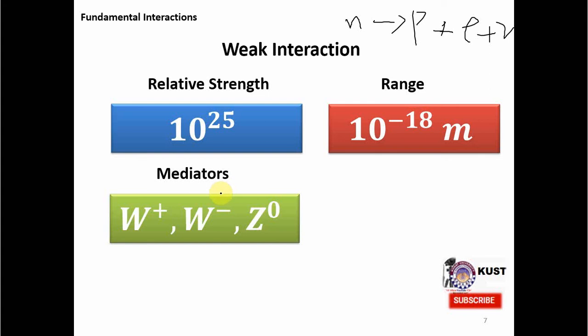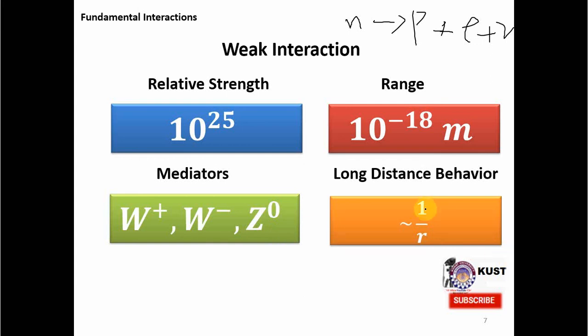Their theory was called the electroweak theory, where one mediator, the photon, was combined with these three mediators. In the Salam, Weinberg, Glashow model, they exactly calculated the masses, and later on in 1983 these three particles were observed at CERN, and all three were given a Nobel Prize in 1979, sorry.